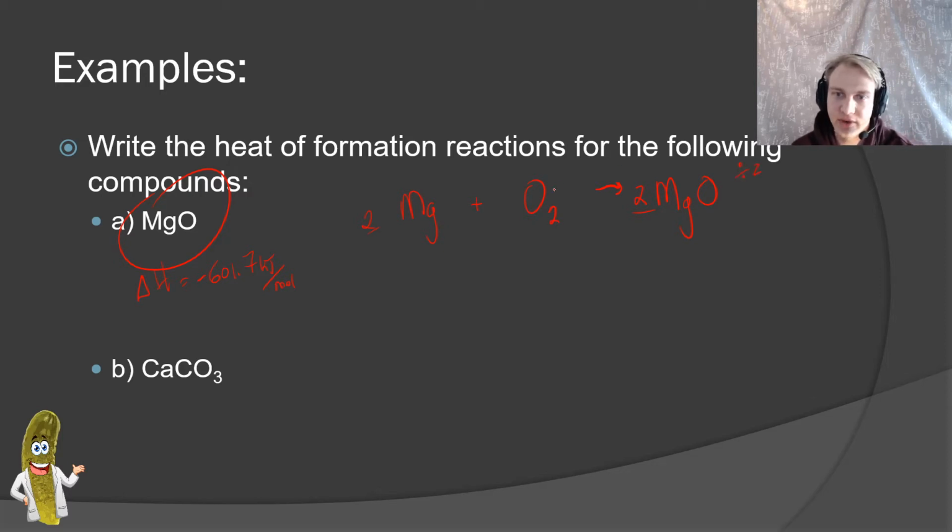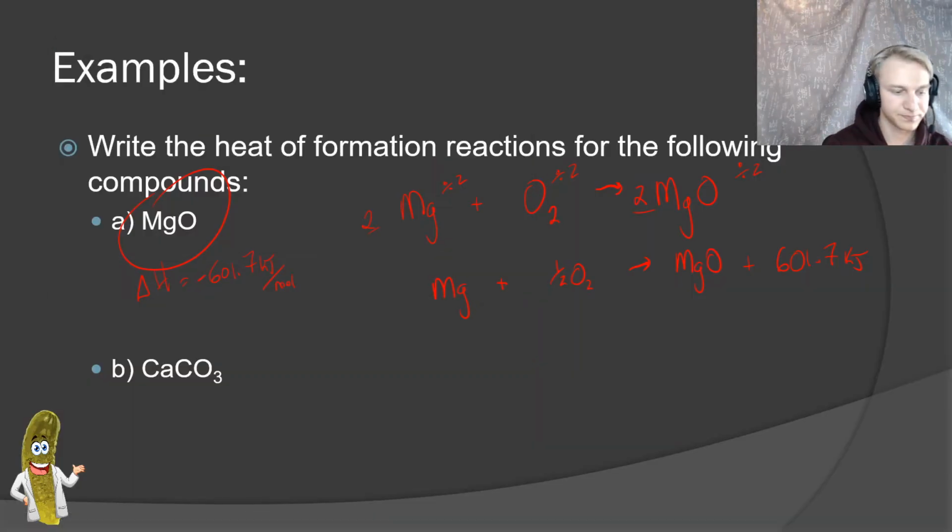So we need to divide each of these by 2. When you do so, you get Mg plus 1/2 O2 goes to form MgO. And because this delta H is negative, I would write it here and say plus 601.7 kilojoules. And that would be the heat of formation reaction for magnesium oxide.